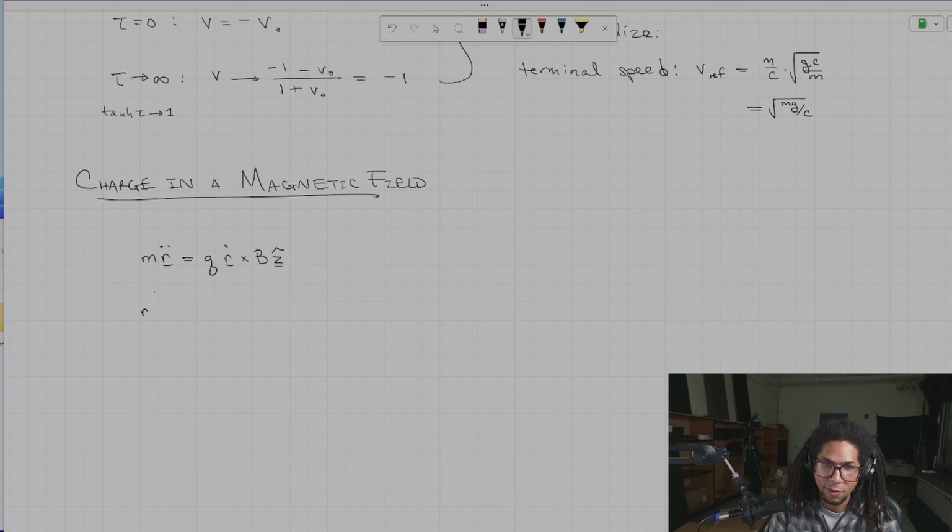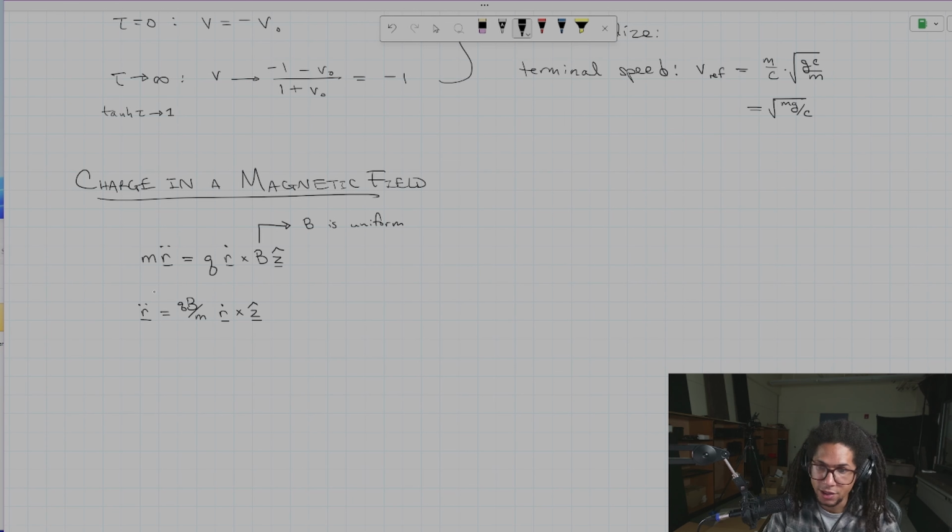So we'll start out by just saying that r double dot is equal to q B over m times r dot cross z hat. And I'm going to allow B in all of these solutions to be uniform, so that B really is just a constant.